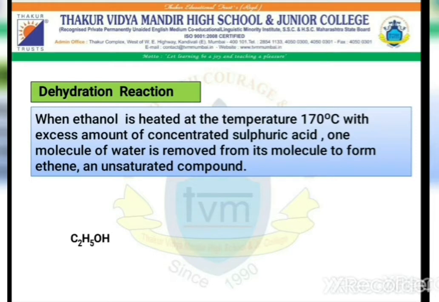Ethyl alcohol, that is C2H5OH, on heating at 170 degrees Celsius in the presence of concentrated H2SO4, loses a water molecule and we get CH2=CH2 along with water. So we got the corresponding alkene along with a water molecule. Dehydration is basically a loss of water. Just remove a water molecule from it, and we get the remaining byproduct.